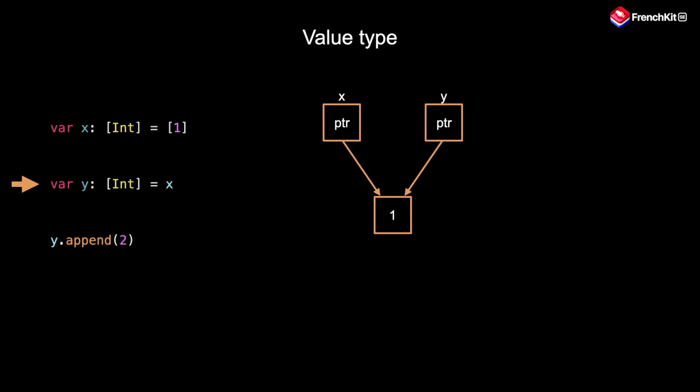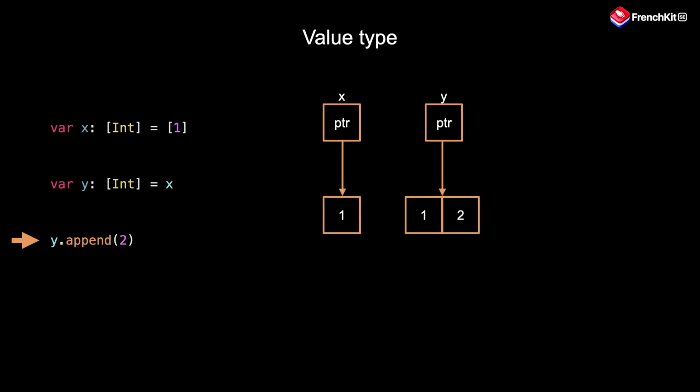So I need to make sure I don't modify x, and to do that, I need to copy and write. So I duplicate the storage used by my array and modify y on the side of it, so I don't affect my x variable.